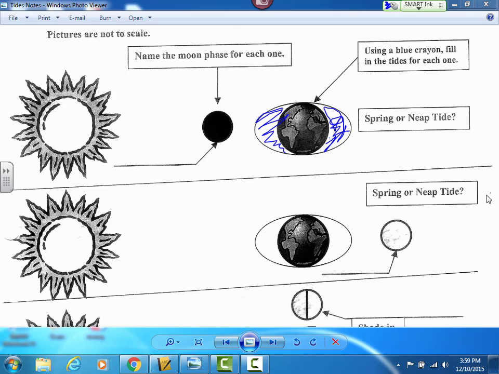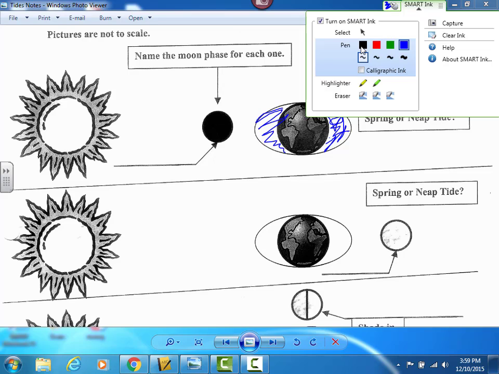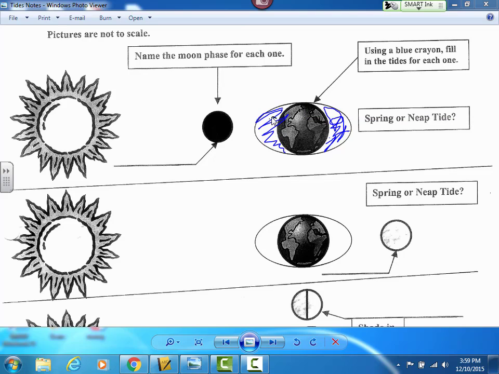Next, name the moon phase for each one. There's a little bit of a hint here because they have filled in the circle of the moon, but we should know that if the sun is on one side and the moon is in the middle, if we are standing on Earth right here, we would not be able to see the lit side of the moon.